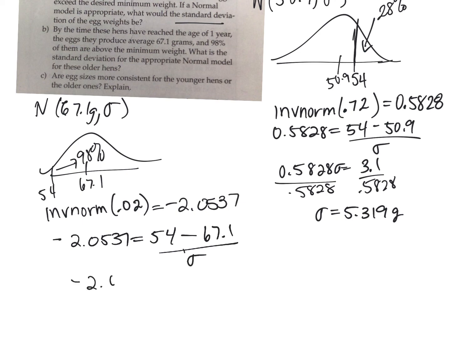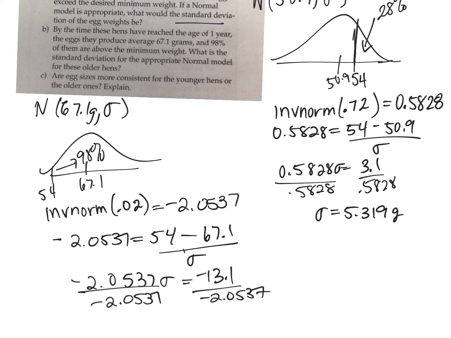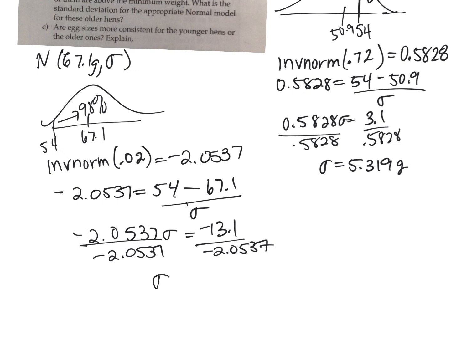So negative 2.0537 sigma equals 54 minus 67.1, negative 13.1. Now I'm going to divide by negative 2.0537, and I get sigma equals 6.379 grams.